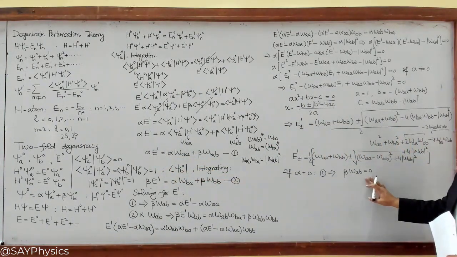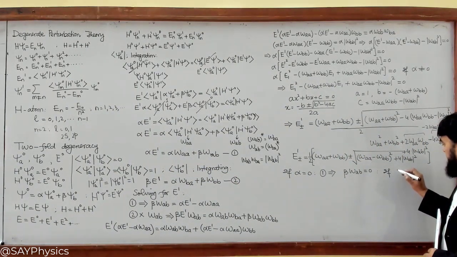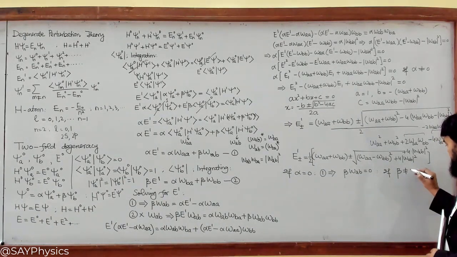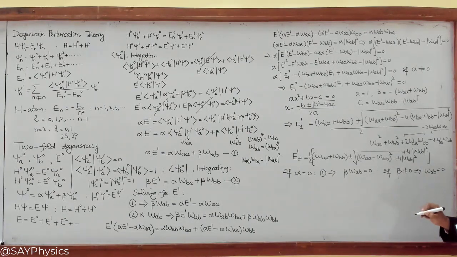Now what about this one? In this situation, if beta is non-zero, then it means that WAB is equal to 0. But what is meant by beta being non-zero? What if beta is 0? We have two constants here.